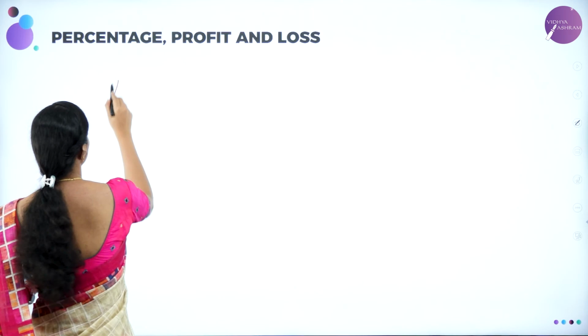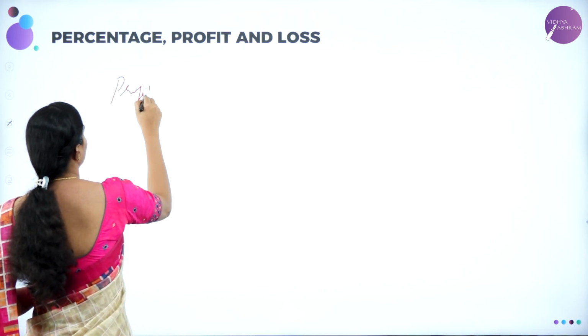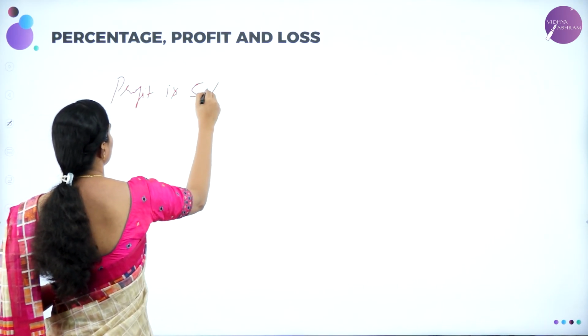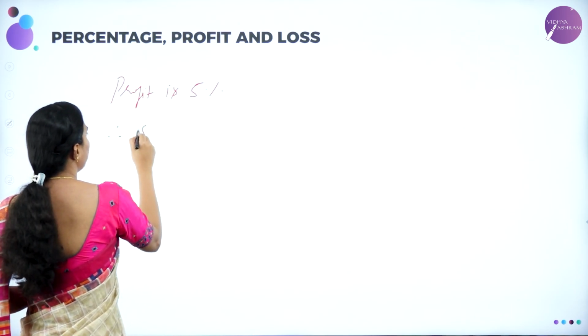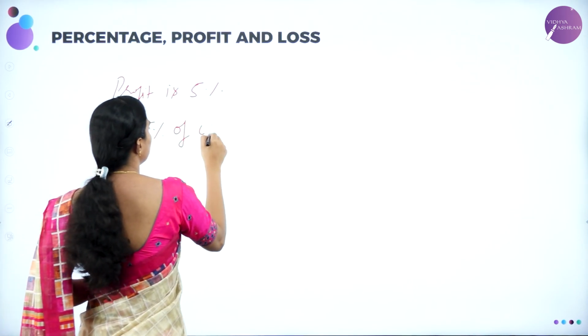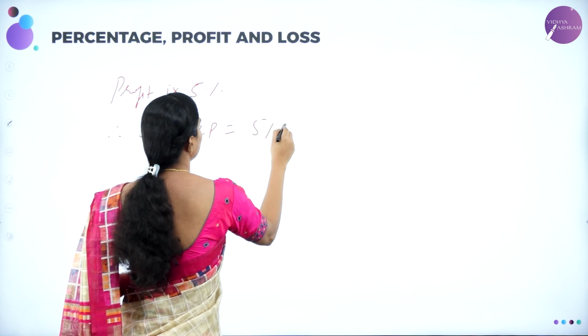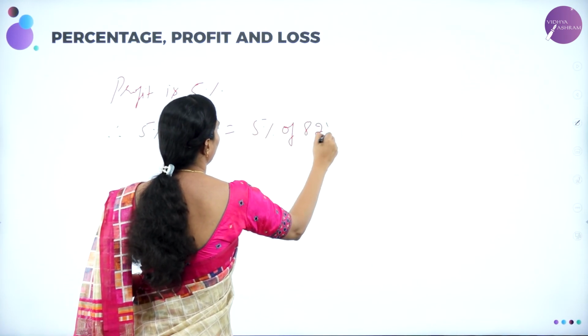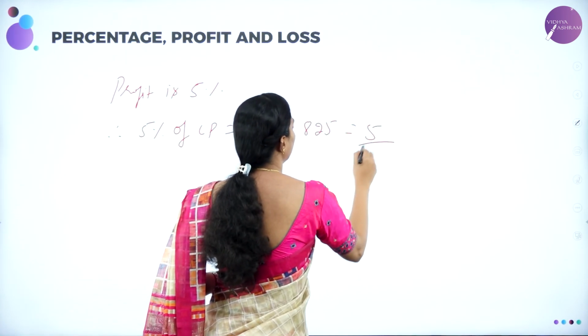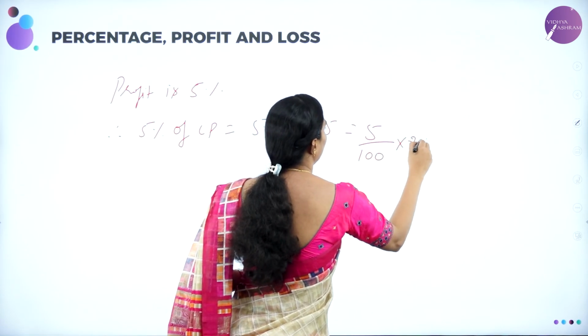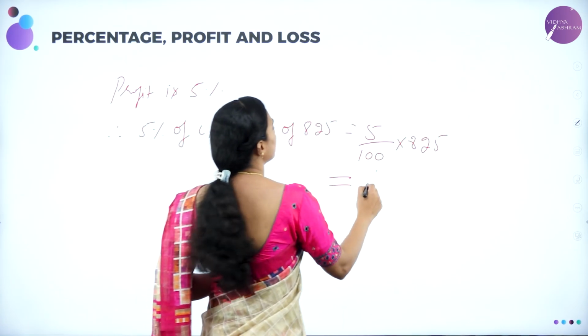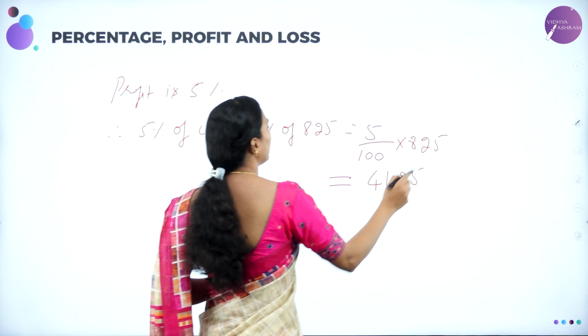So profit is 5%. Therefore, 5% of CP will be equal to 5% of 825, which will be 5 divided by 100 into 825. So this is 41.25. Now what have they asked you to calculate?